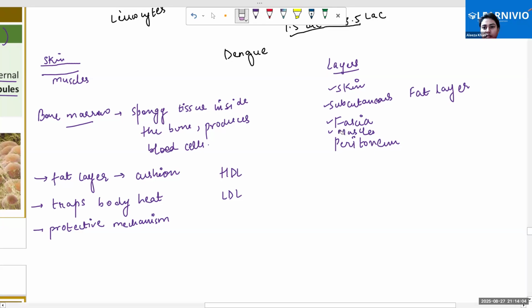So you have the muscles just after your fat layer, and then you have the fascia. This is the correct order of layers.